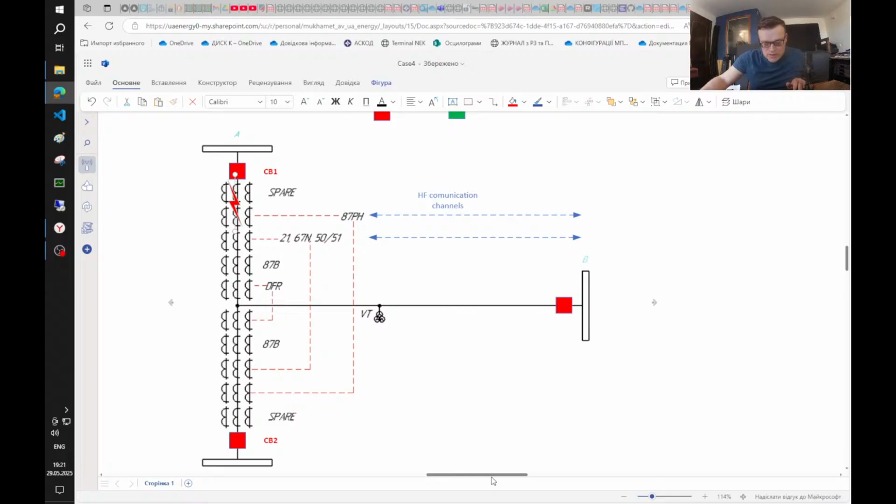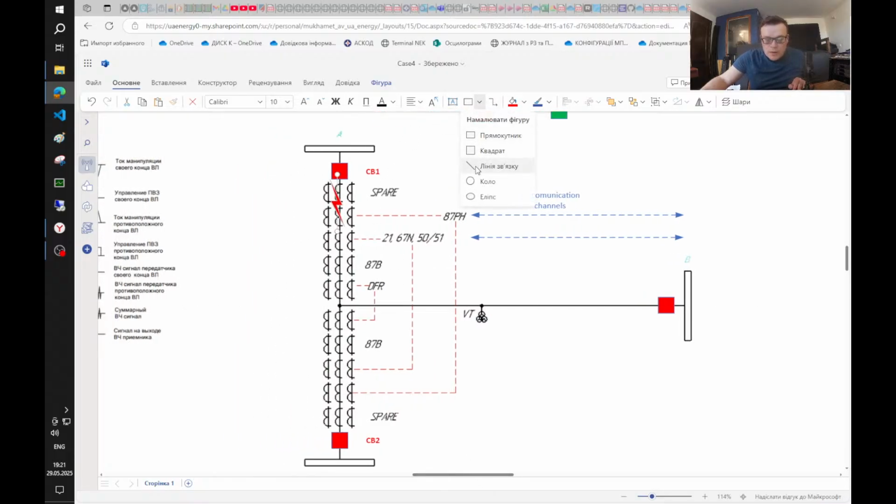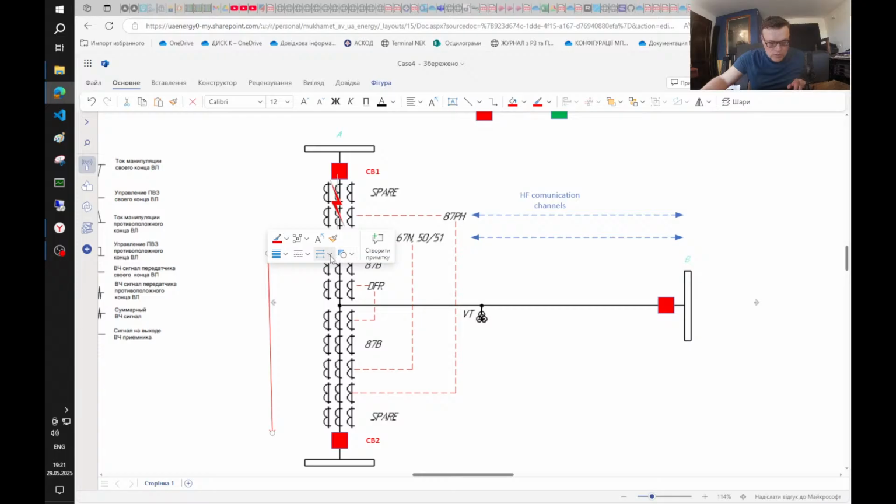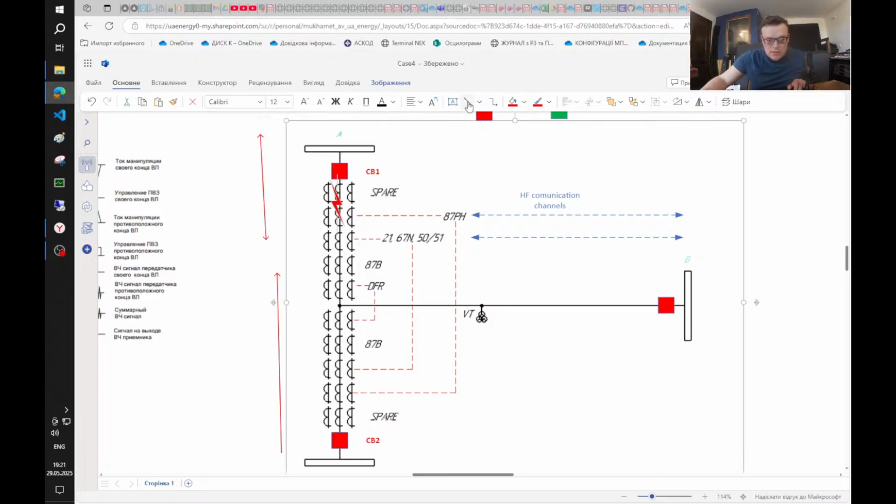So when the short circuit started, we have current flow from that side, from this bus, also from the second bus bar, and from the opposite side of the line.